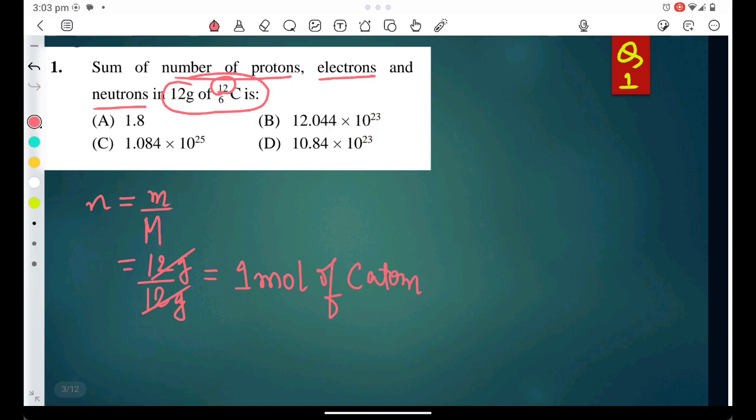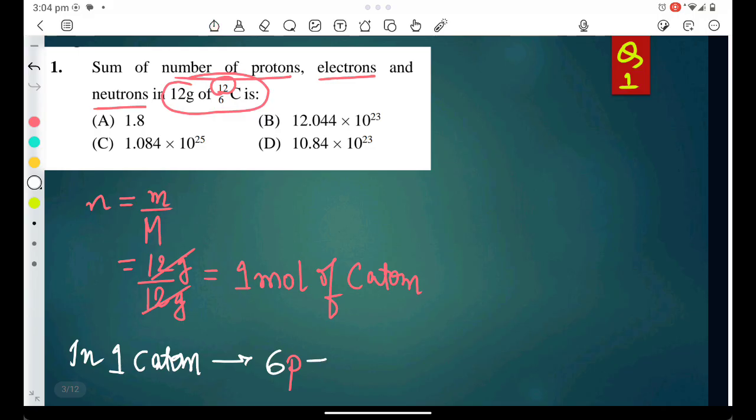Now in one carbon atom, how many protons do we have? In one carbon atom, we have 6 protons.